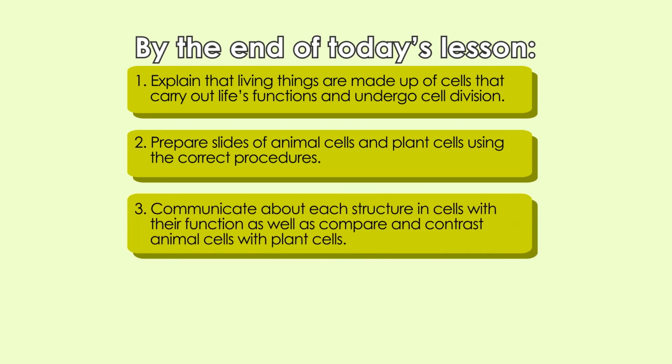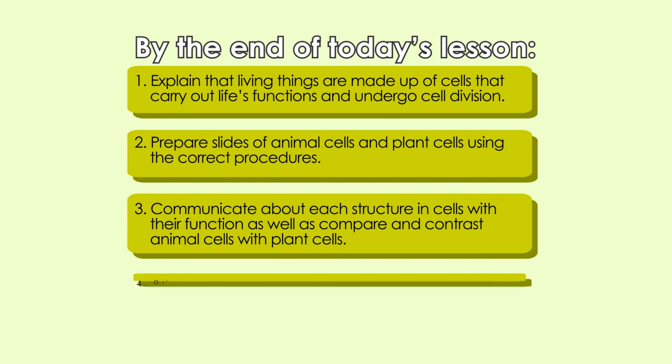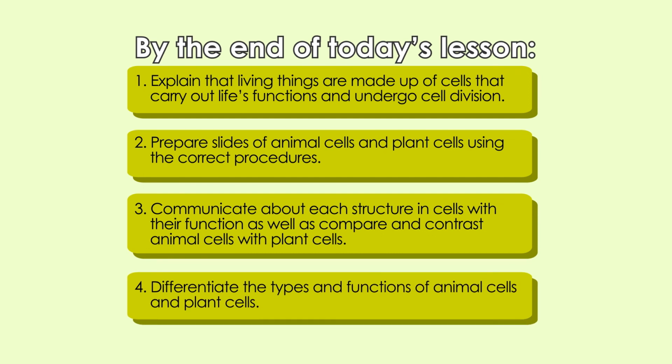Third, communicate about each structure in cells with their function, as well as compare and contrast animal cells with plant cells. Fourth, differentiate the types and functions of animal cells and plant cells.